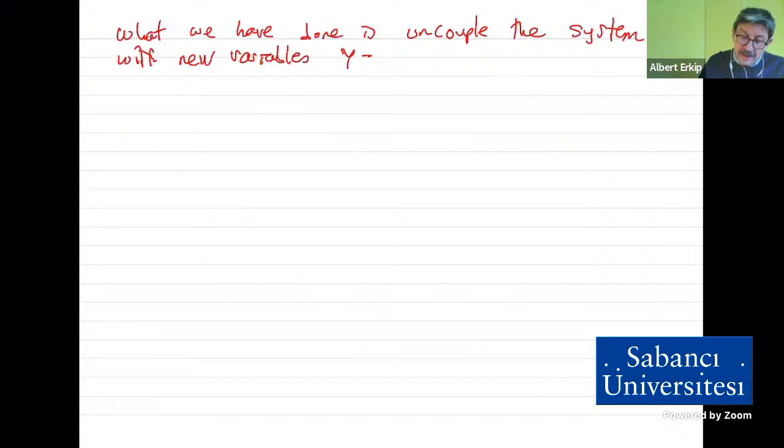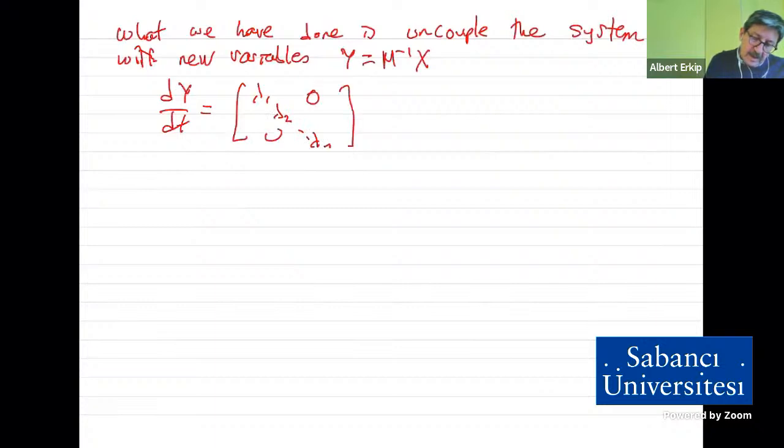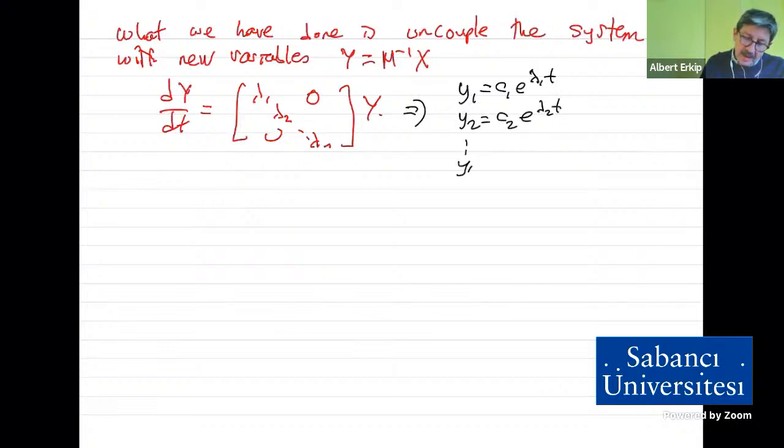I'm sorry, it was y equals M inverse x. And in that case, dy/dt is just the diagonal matrix with lambda 1, lambda 2, up to lambda n, times y. So life in the y space says that y1 is c1 e to the lambda 1 t, y2 is c2 e to the lambda 2 t, and yn is cn e to the lambda n t.